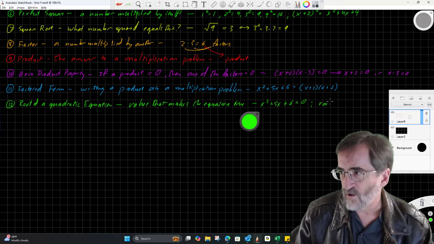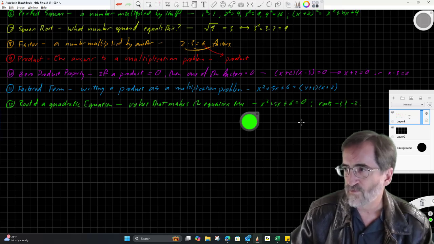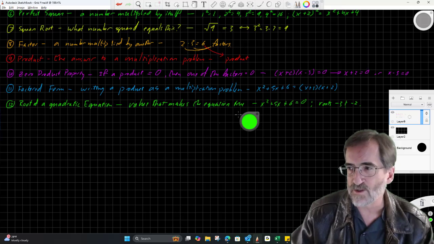The roots are -3 and -2 because they make the equation true.